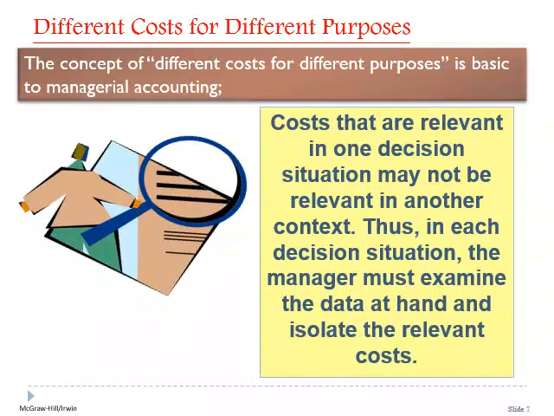It means that costs that are relevant in one decision situation may not be relevant in another context. تمام. لو أنا شايف إن دي تكاليف ملائمة في موقف معين فهي قد لا تكون ملائمة في موقف آخر. Thus, in each decision situation, the manager must examine the data at hand and isolate the relevant costs. تمام. يبقى ده برضو بيعتبر an important concept اللي هو different cost for different purposes.